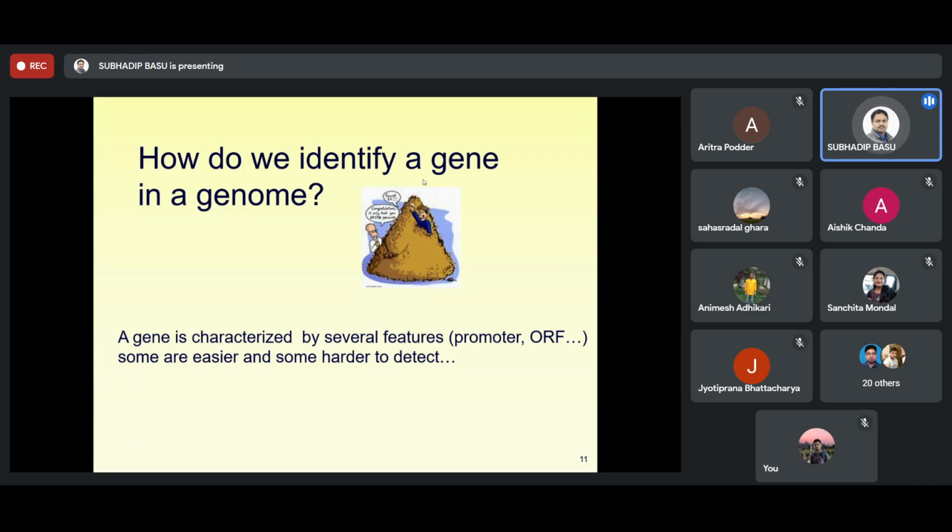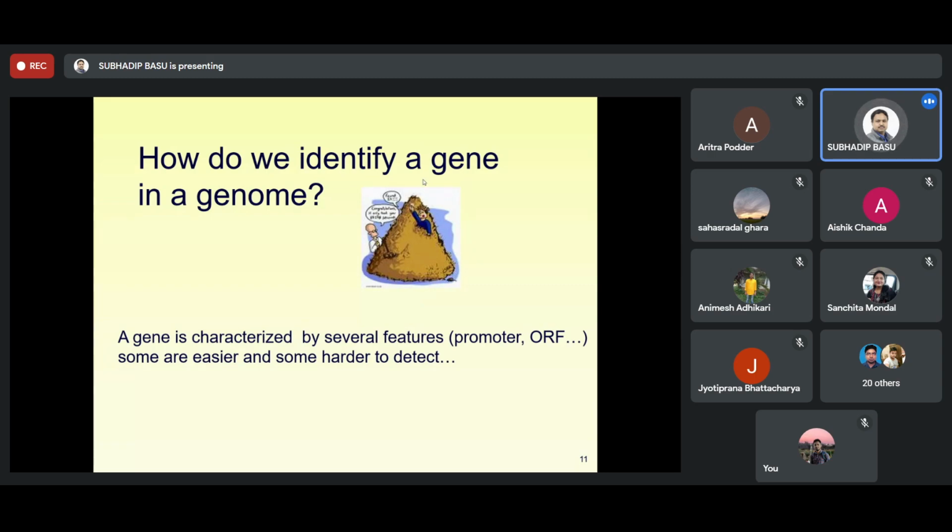So identifying a gene segment in the DNA sequence that is responsible for a meaningful functionality is a struggle. It is like finding a needle in a haystack. Identifying a gene is a big challenge.